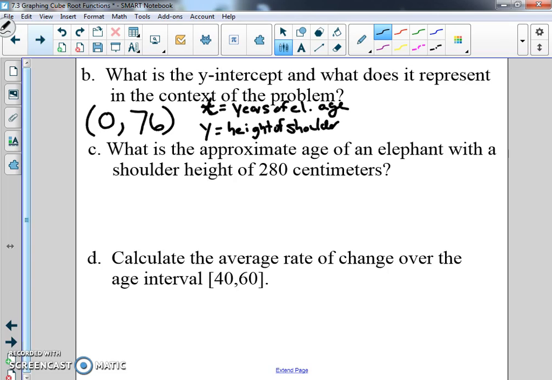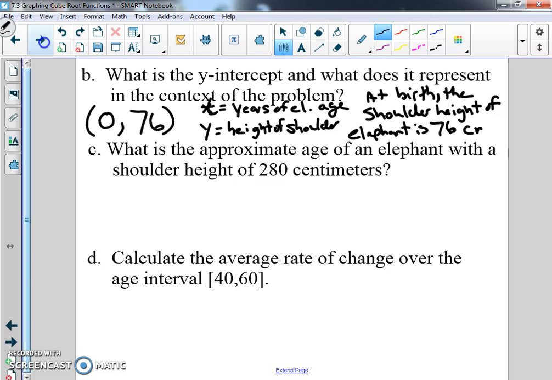So what we're saying is that at birth, the shoulder height of the elephant is 76 centimeters. So at birth, 0 years, the height of the shoulder is 76 centimeters.